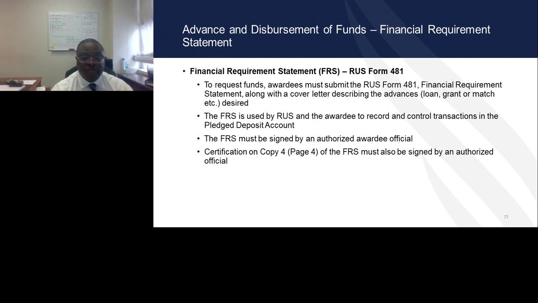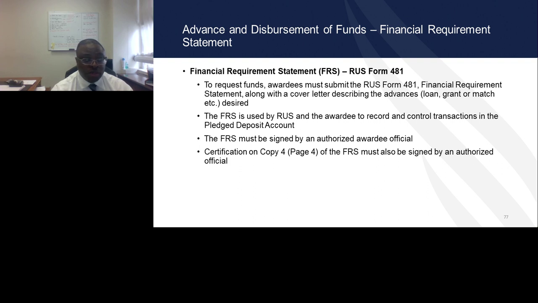Now, starting with the FRS, the Financial Requirement Statement. The Form 481 is the only form that is going to be used under the ReConnect program to draw down funds. There are no non-RUS forms for drawing down funds.